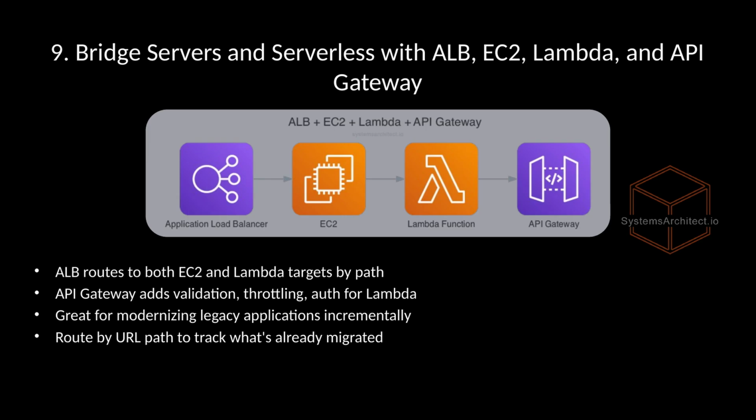New features can be built as Lambda functions and routed in immediately, while existing EC2 hosted functionality keeps running untouched. It's well suited to modernizing legacy applications where a full rewrite isn't realistic near term. A practical tip is routing by URL path, so it's obvious which functionality has already moved to Lambda.